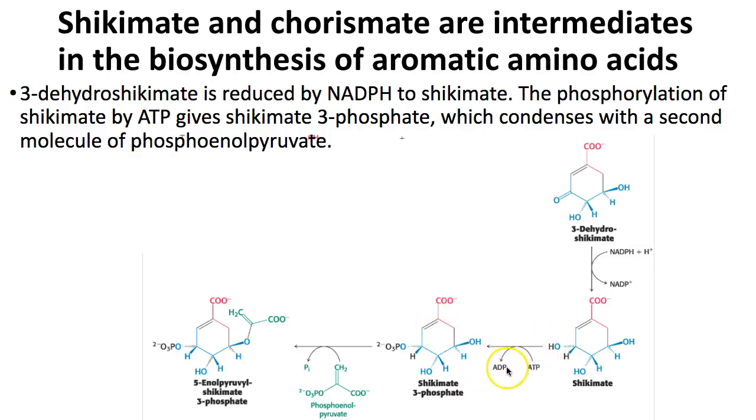and then from there you have an ATP dependent reaction where it adds a phosphoryl group there, and then it reacts with the phosphoenol pyruvate, and the phosphoryl group also gets released, and it's just the carbon skeleton that is attached to the key intermediate.